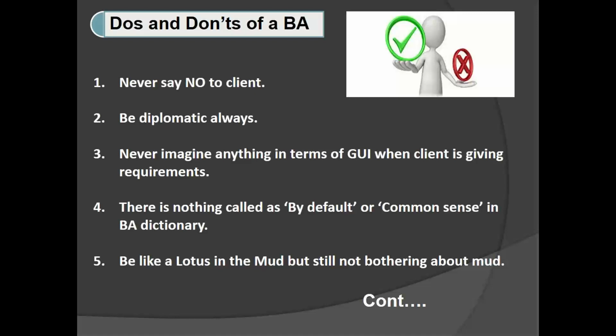If they are not going to perform their roles and responsibilities, they don't want to take any blame and they will throw that blame on you. So for that purpose, you should know what a BA should do and what a BA should not do.